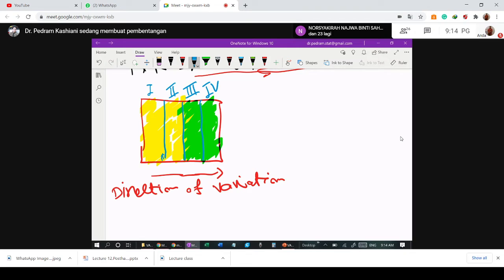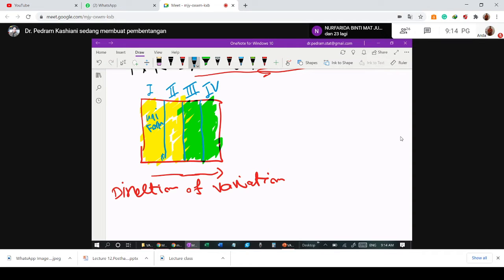So I could put all the units inside the block, meaning inside each block is uniform. But if between this block and this block, there is variation, there is no problem.